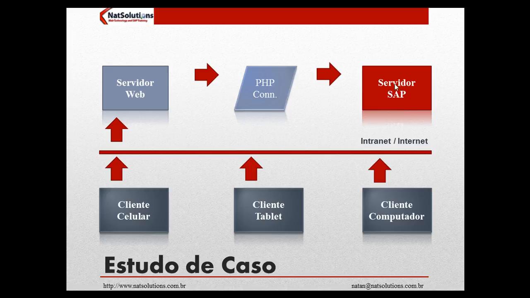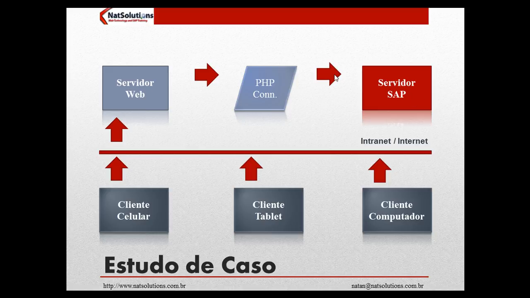Here we are using RFC inside SAP. So let's say I would like a vendor report. I put in a parameter, for example, vendor. I would like to see a report from SAP based on all vendors from Brazil, so I put Brazil as the code, and this information goes all the way to the SAP server.